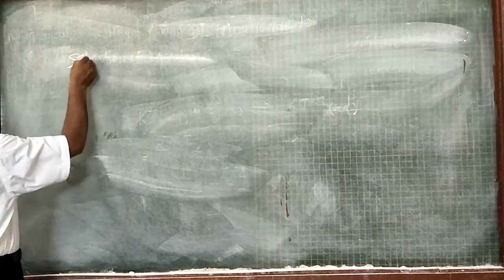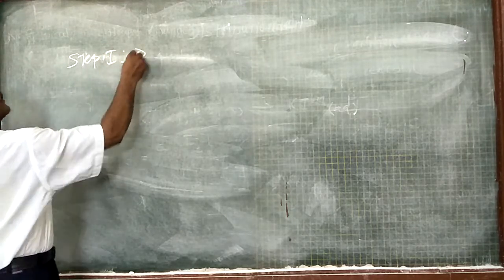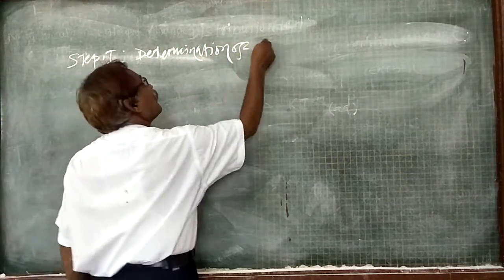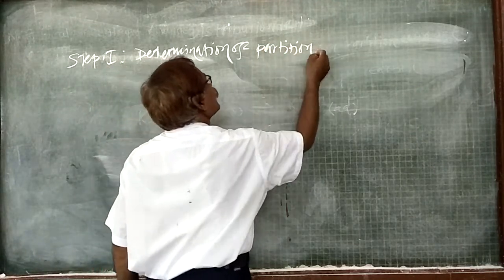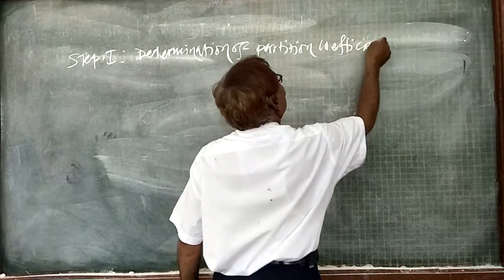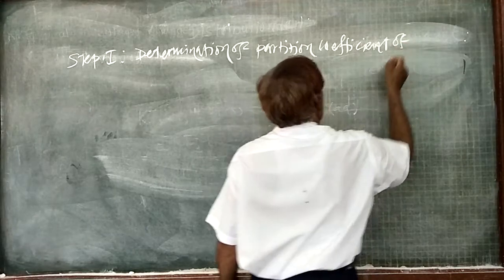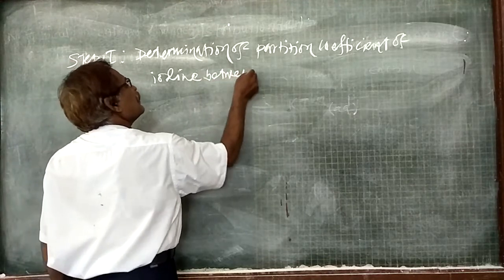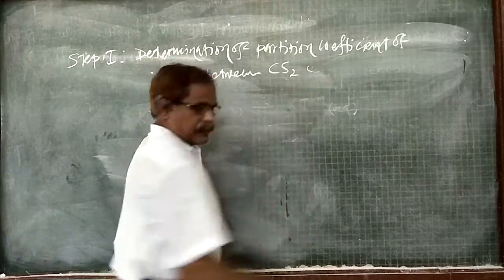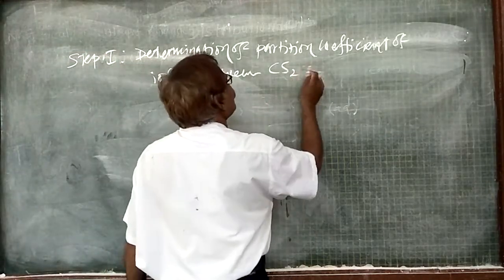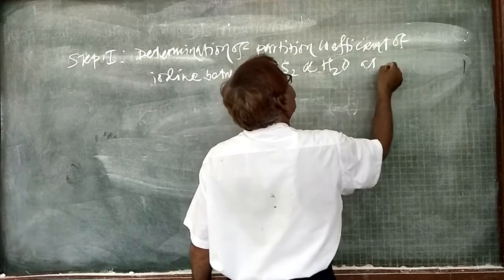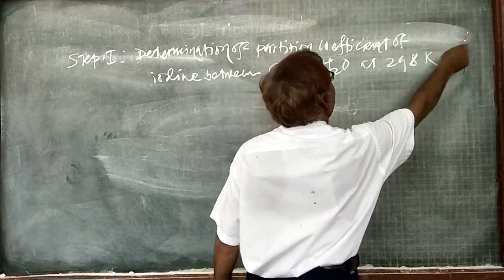The first and most important step is the determination of the partition coefficient of iodine between CS2 and water at a certain temperature, let us suppose at 298 Kelvin.